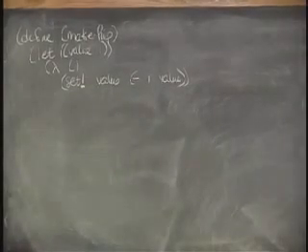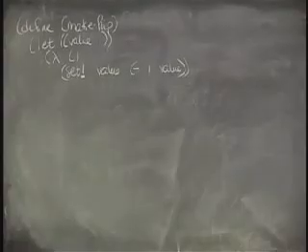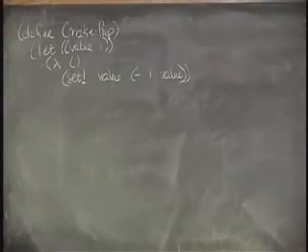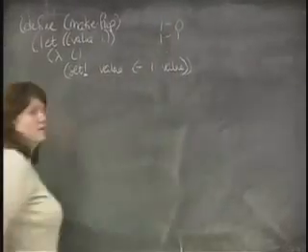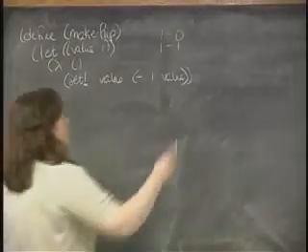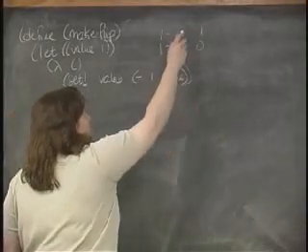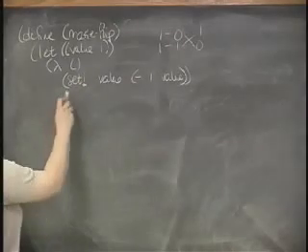Isn't that going to keep going negative? No, because it's going to be either 1 minus 0 or 1 minus 1. So it's either going to turn out to be 1 or 0, depending on what this was. Okay, and then we're going to return value.